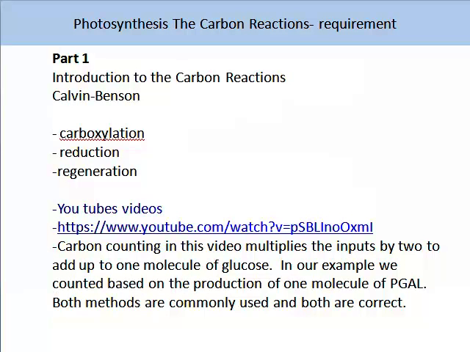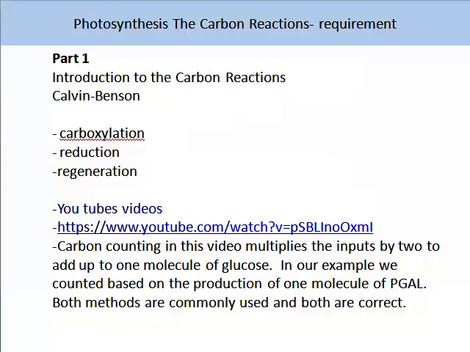It is important that you not only watch Part 1, Photosynthesis, the Carbon Reactions, but that you also understand the Calvin-Benson cycle and that it has 3 phases. If you're having trouble understanding these phases, the following YouTube video may help.